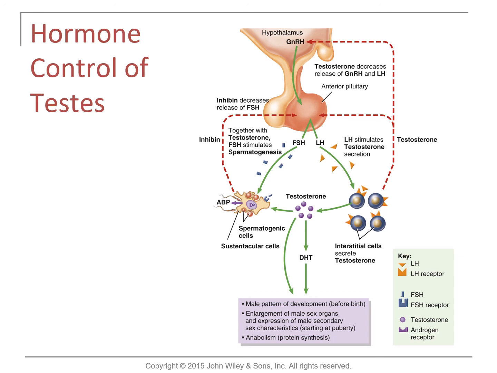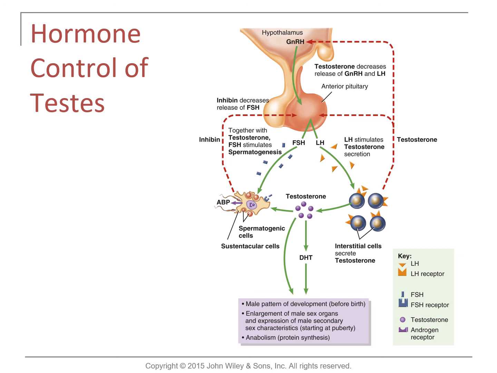This includes the development of hair in a male pattern, so the development of facial hair, chest hair, back hair, pubic hair, axillary hair, hair everywhere, mustache, everything, right? We also have enlargement of the reproductive organs, penis, the testes, the scrotum.